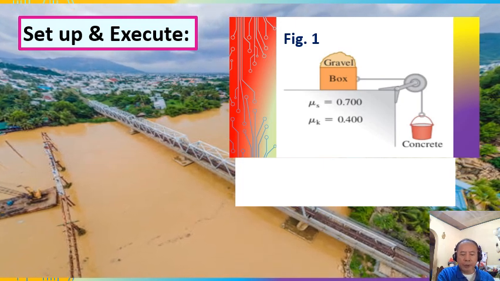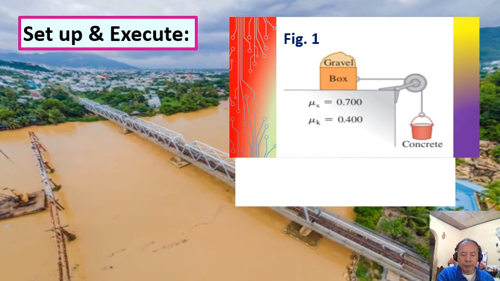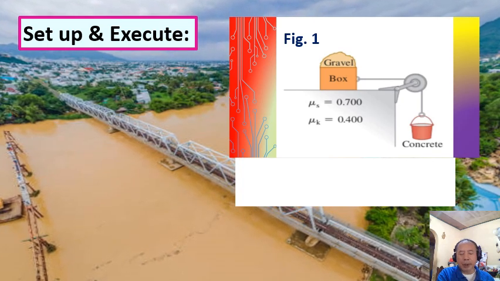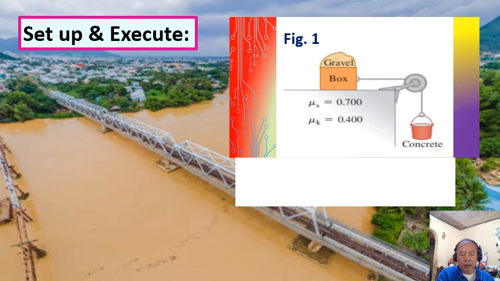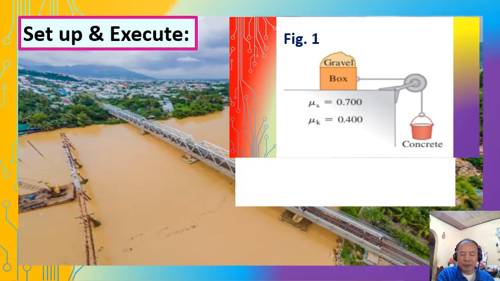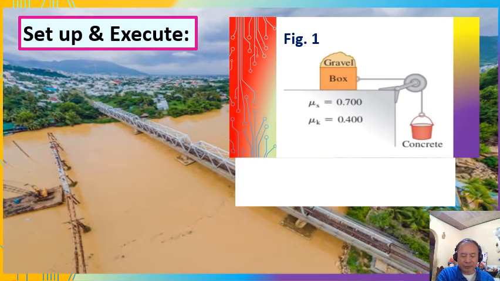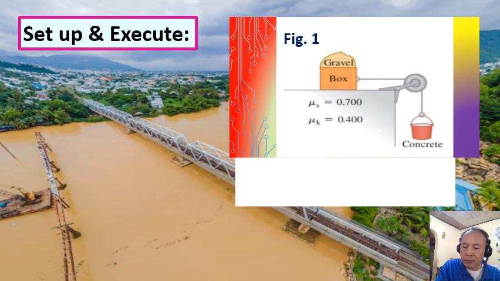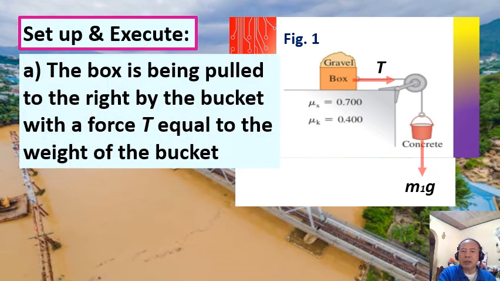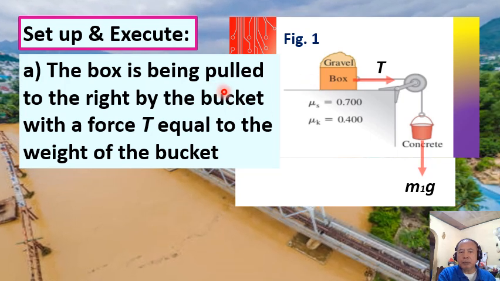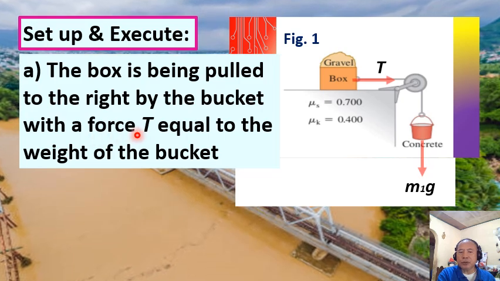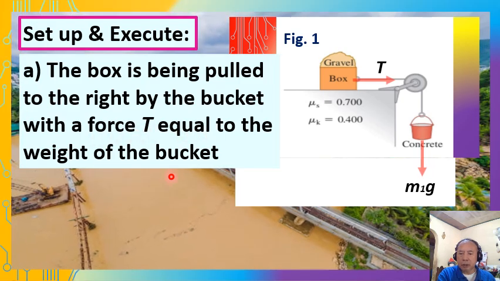Before the worker removed the bag of gravel, the box, the bag of gravel, and the bucket of concrete are all in static equilibrium. That is, the system is considered at rest. So we say that the box is being pulled to the right by the bucket with a force tension T equal to the weight of the bucket.